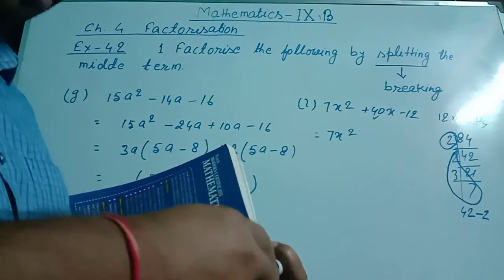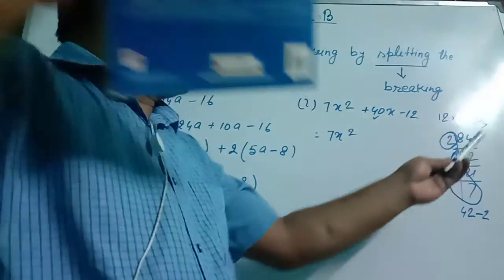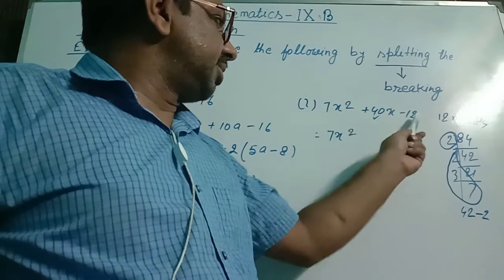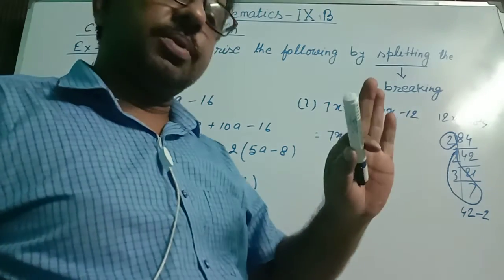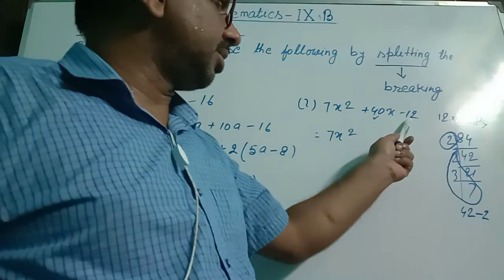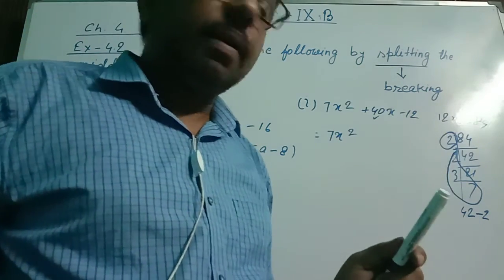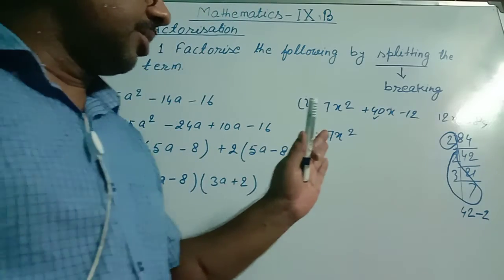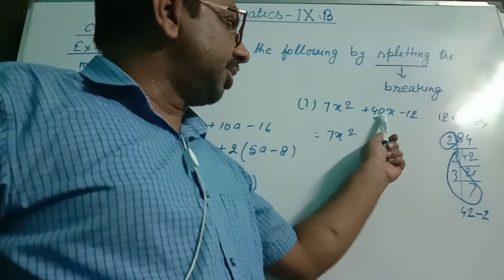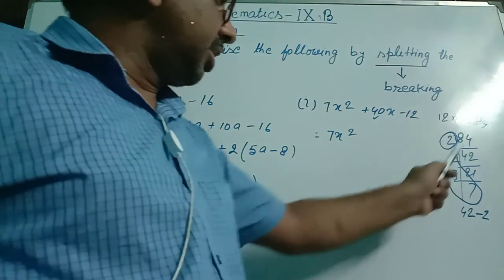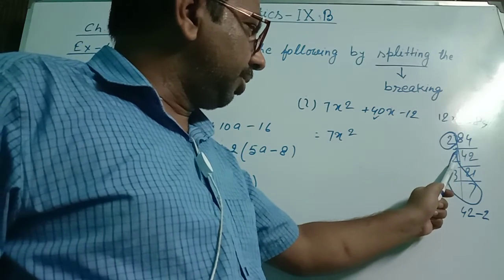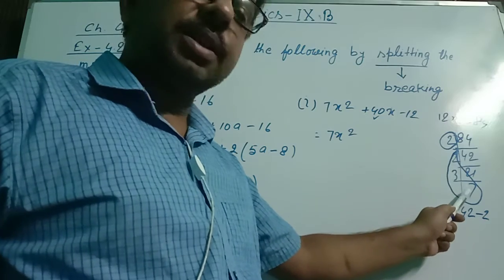I repeat this process. While you are getting a bigger product from multiplying 7 and 12, first of all, the rule says you multiply the coefficient of x square with the constant term and you get 84. Now in this case, how will you split this term? For that, I found the prime factors of 84: 2, 2, 3 and 7.